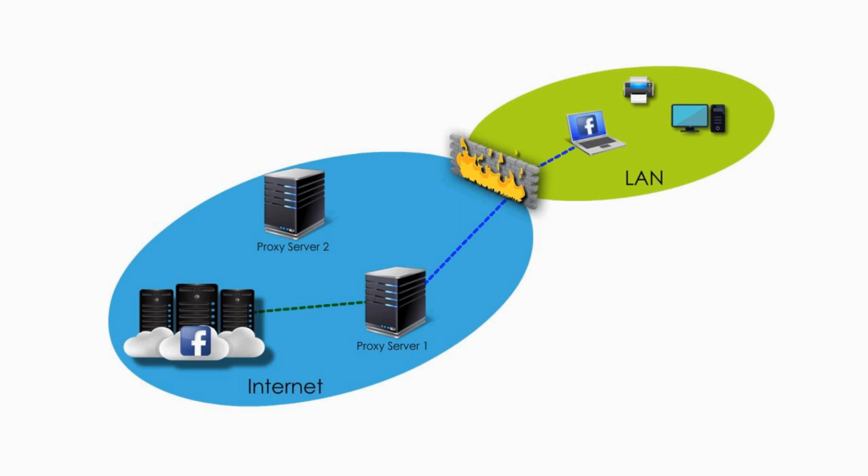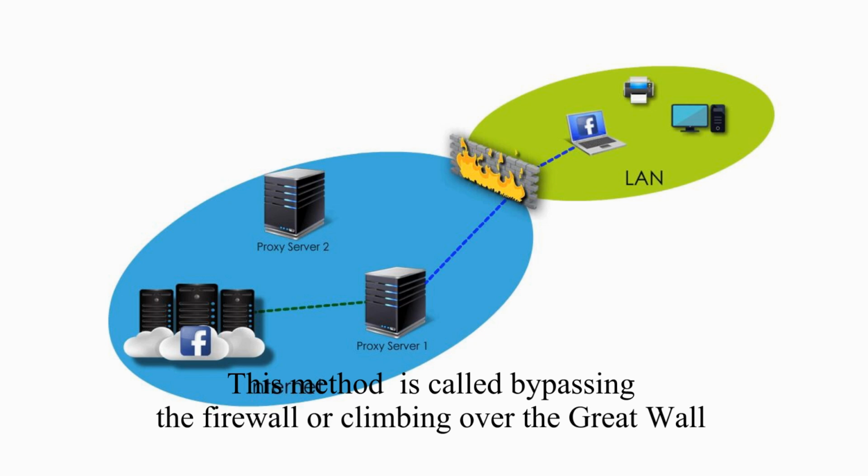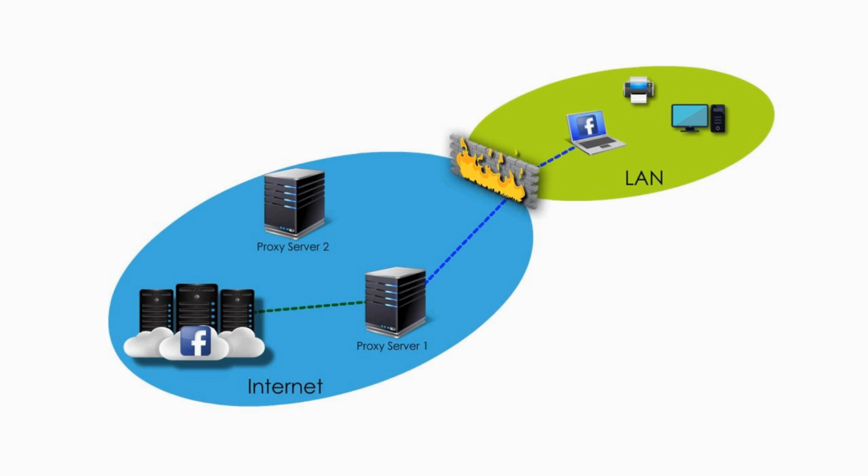As long as my school does not block my proxy server, I will have no problem with checking my Facebook through my proxy. This method is called bypassing the firewall or climbing over the Great Wall. Keep in mind, there are many types of proxy servers with many different functions.